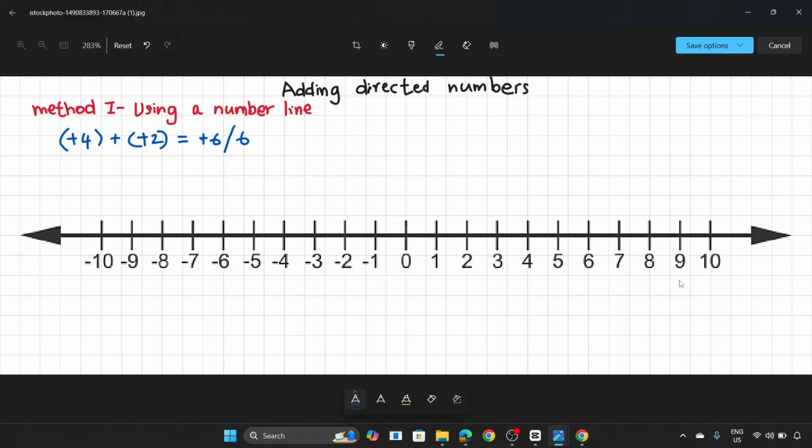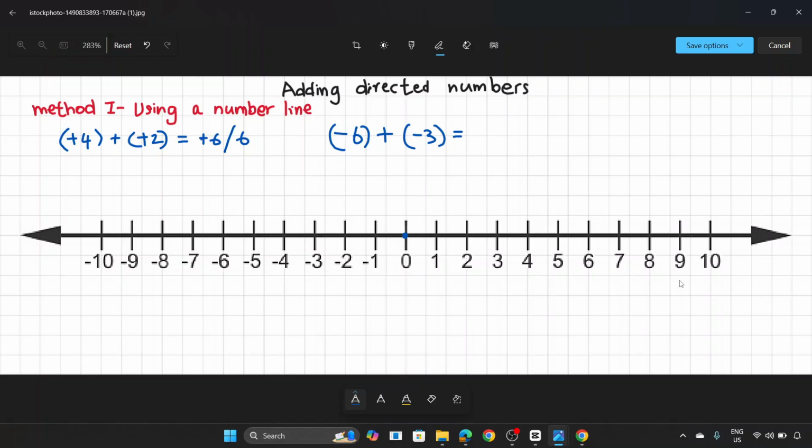Let's write a question. Let's find the value of negative 6 plus negative 3. As usual, we have to start from 0. Negative 6. In negative 6, the sign is negative.